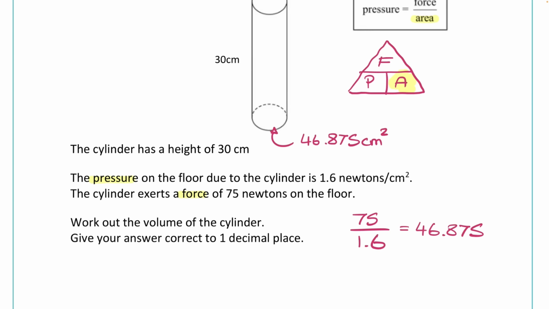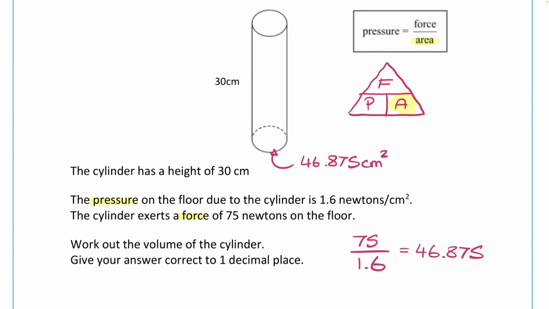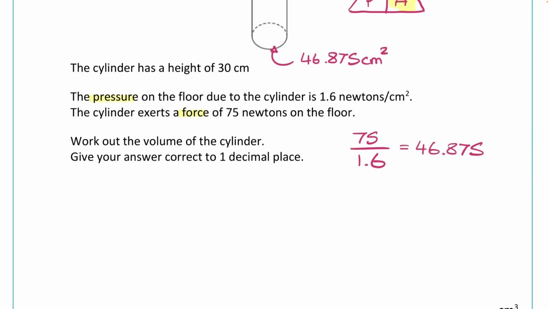To work out the volume of a cylinder or any prism, we get the area of the cross section, and in this case the cross section is the circle that's going all the way through the shape, and we times that by the height or the distance that it passes through the shape. That distance is 30, so for the volume of this cylinder we take the area, 46.875, and multiply it by the height of 30.